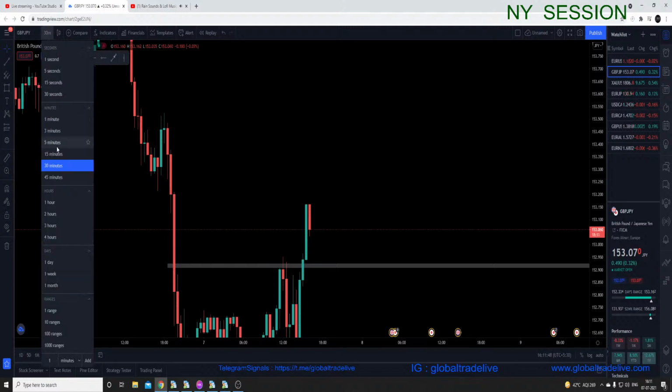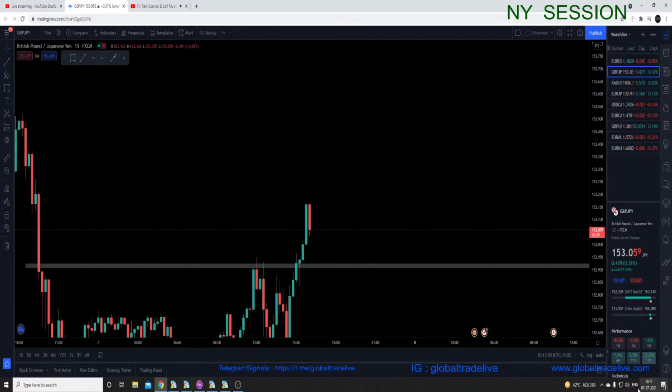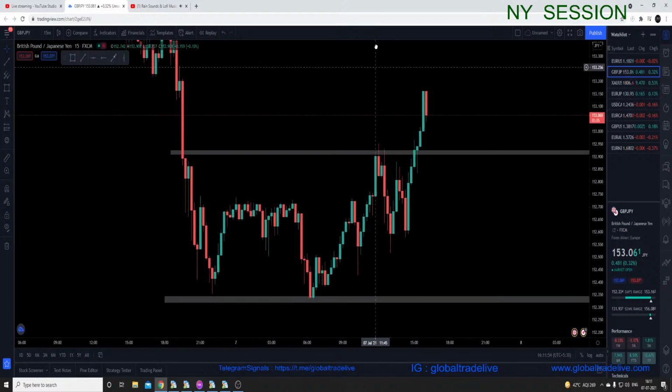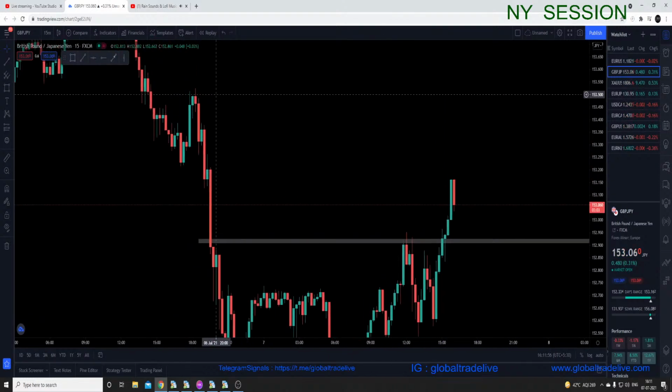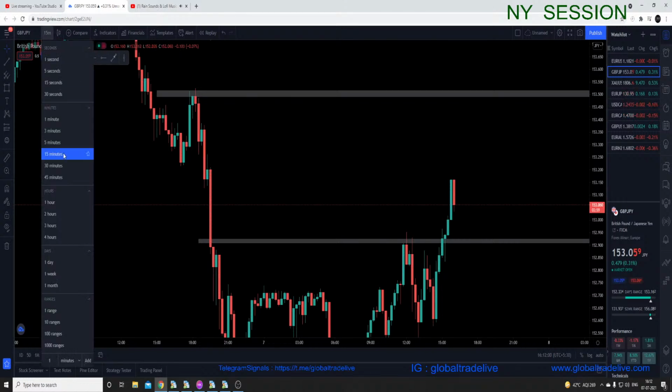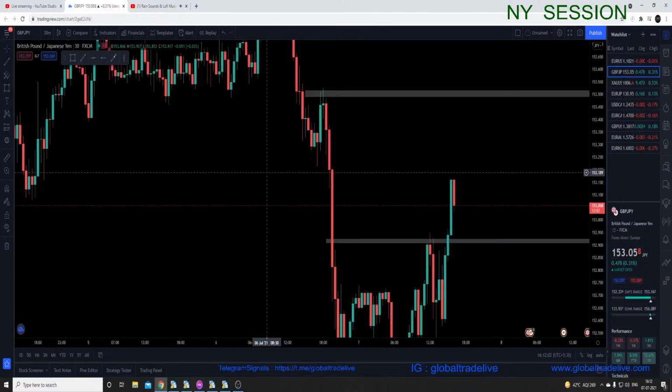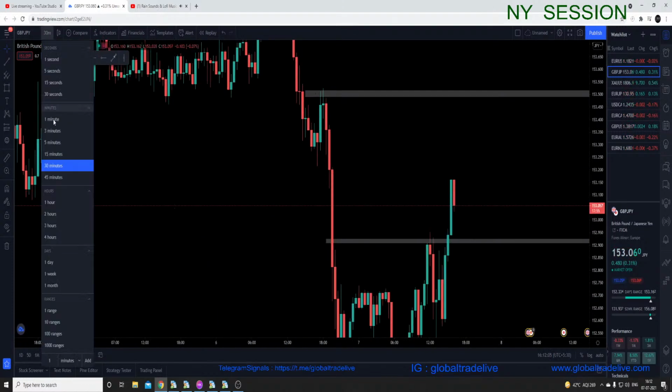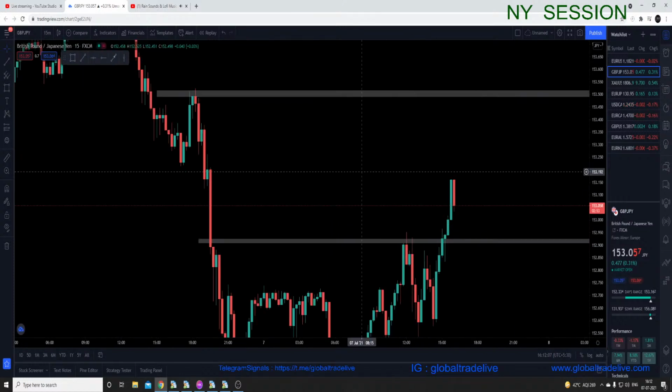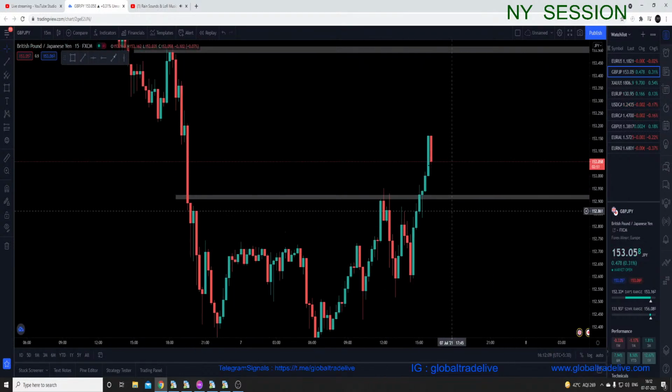Right now the 15-minute candle is about to close in 4 minutes, and I think GJ can easily go up to this level over here. Let's draw this level. Let's go to 30 minutes and see. Yeah, GJ can easily go up to this level.